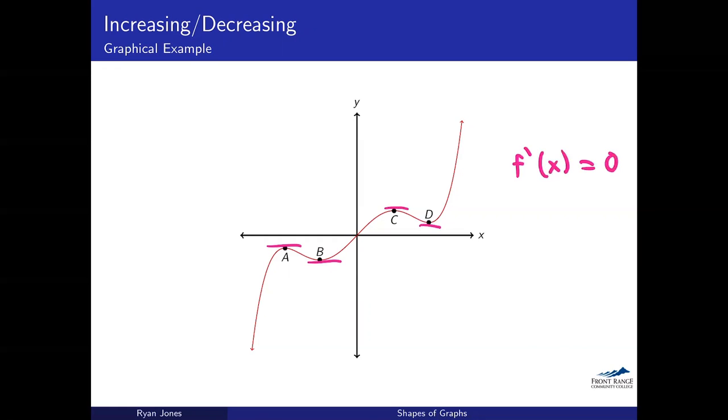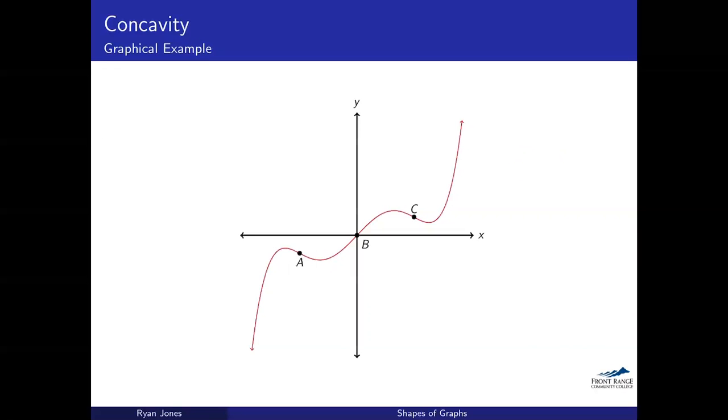And then very similarly, we would also have that on concavity. At these points A, B, and C, as we said, the concavity is switching from negative to positive. And so at that point A, as well as B and C, that is a point where f double prime of x is equal to 0.